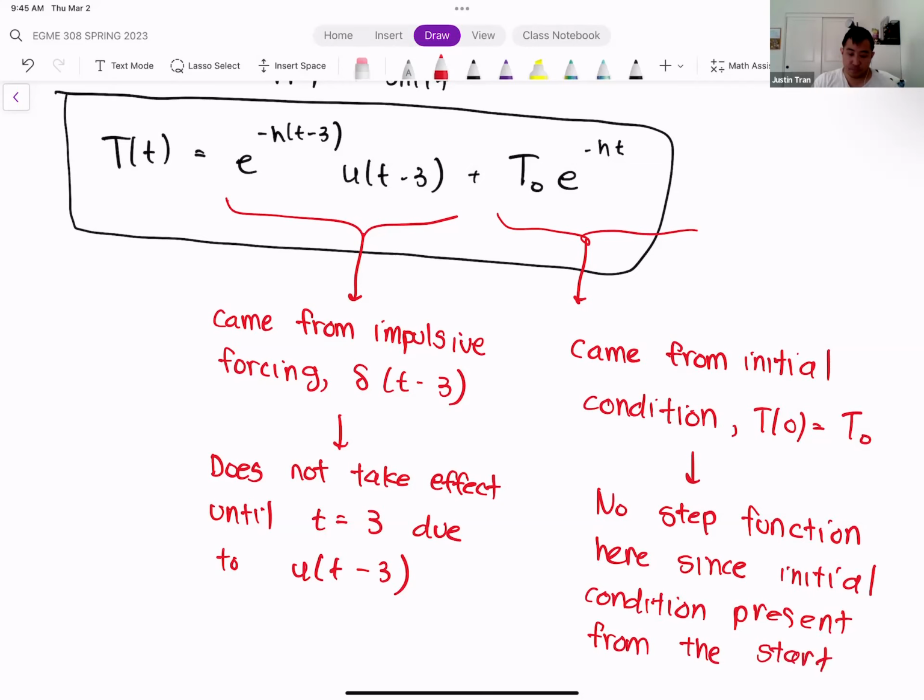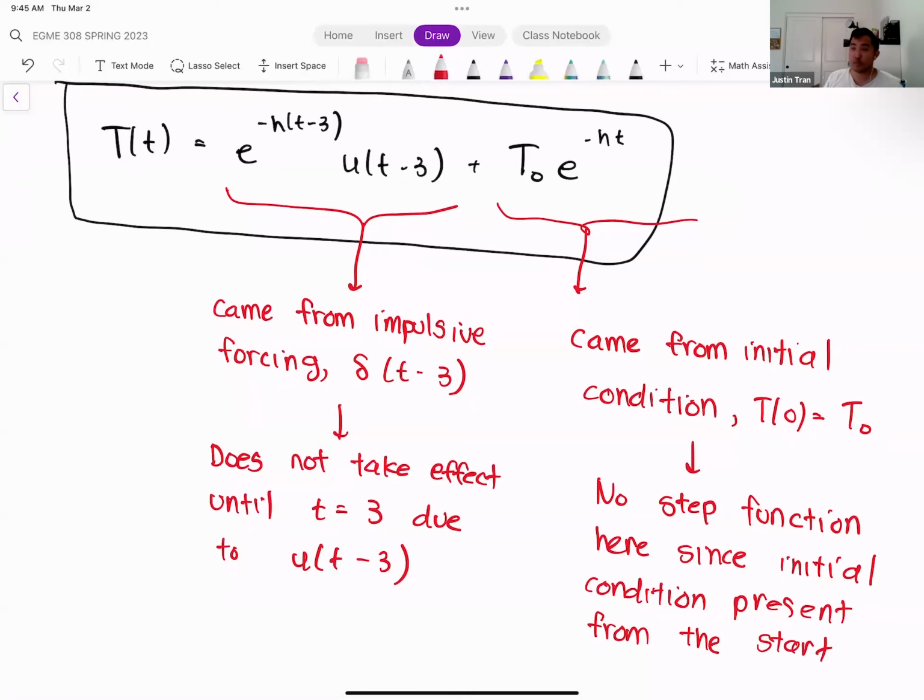And so since the initial condition was present from the start, the solution can react to it starting from t is equal to 0, right? That's why we don't have any step function here.